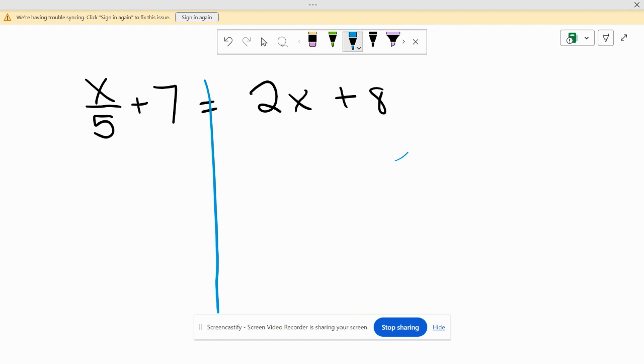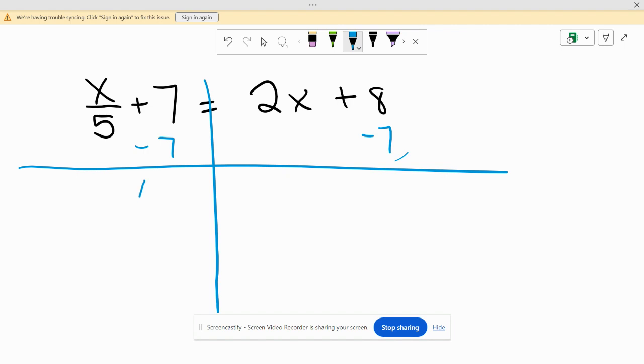I could subtract 7 from each side. I could subtract one of these terms, but then I would need to find a common denominator. So that's not really going to be an option for me because I don't want to do that. Or I could multiply both sides by 5. I'm going to start by subtracting 7.